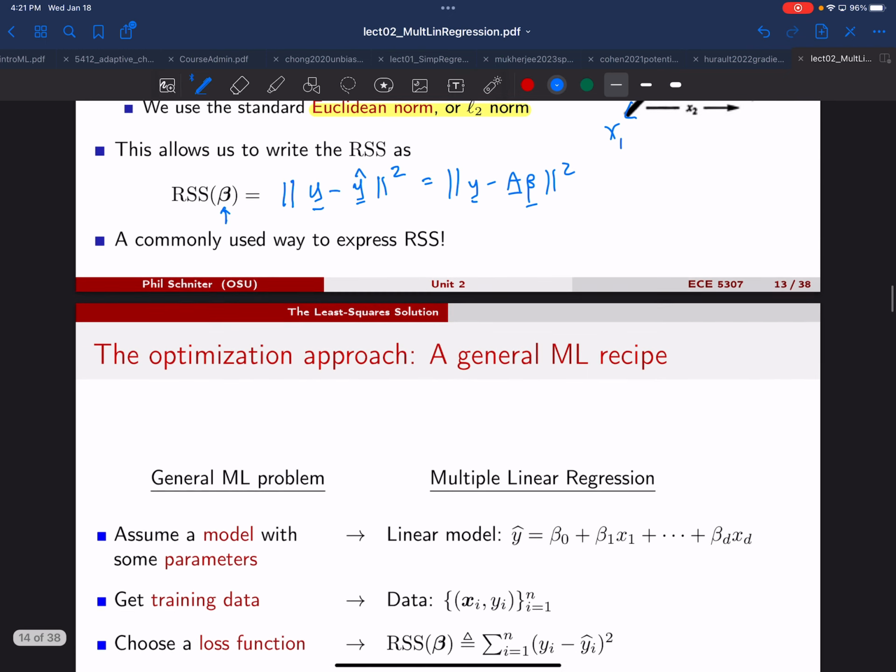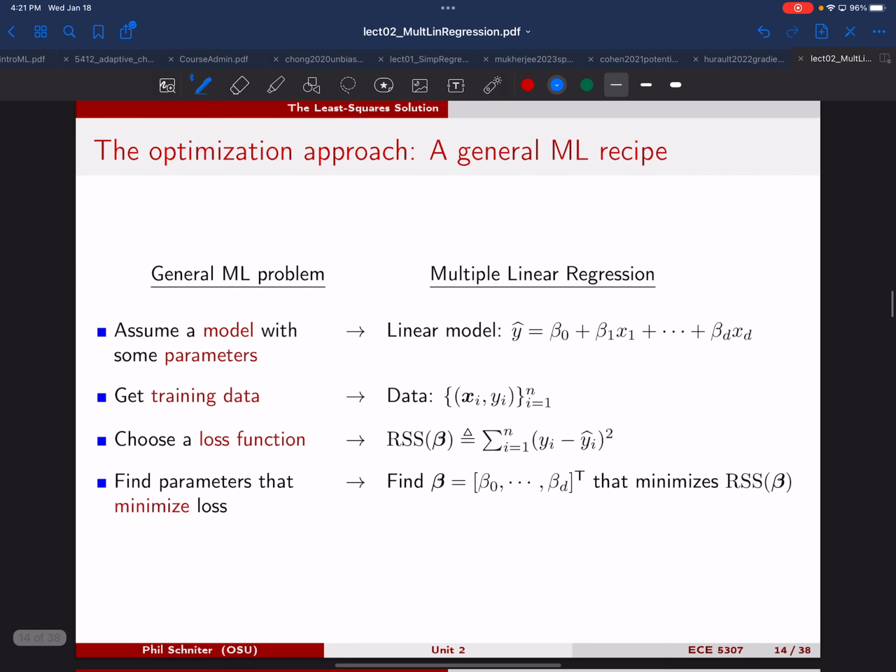So let's pause to reflect on what we've done. This is a very similar slide to what we saw in the last unit. The point is that we are appealing to a general recipe that you use to solve machine learning problems. The first step is to assume a model with some parameters. In this particular case, we assumed a linear model. The parameters were these different betas.